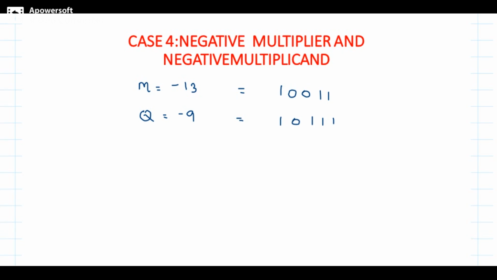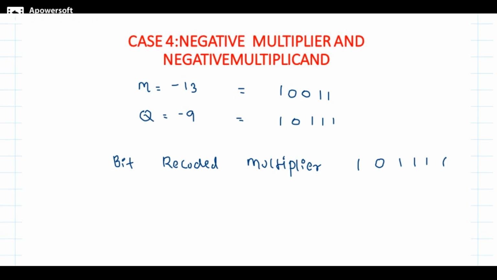So now we have to consider the bit recoded multiplier. I'll write q as it is, 1, 0, 1, 1, 1.